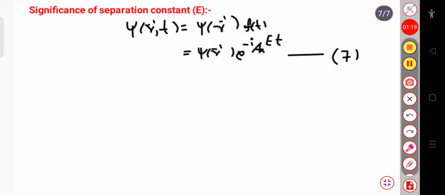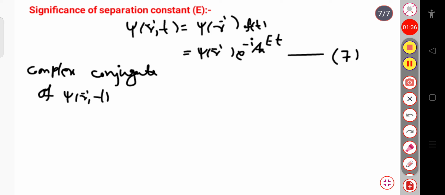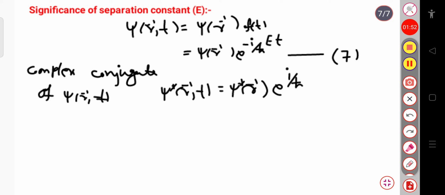Now if I write the complex conjugate of this equation 7, psi star of r,t is equal to psi star of r into exponential plus iota divided by h cut into E star into t, because minus iota becomes plus iota.